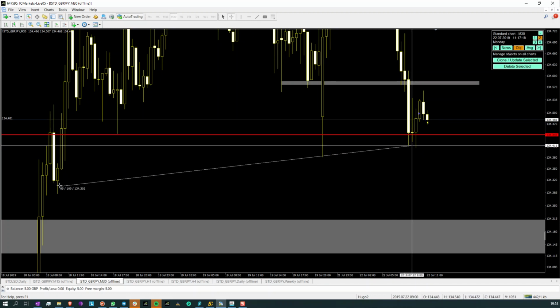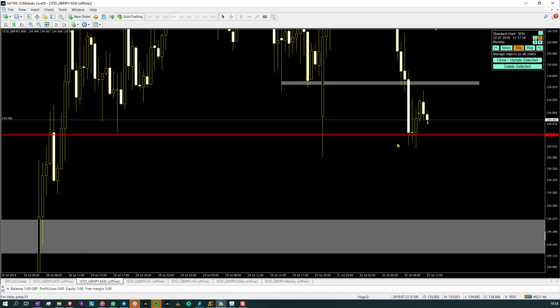Let's see. Yeah, we have like 9, 10 pips to go to this next zone. So still not a good range, but let's see how it goes. I'm going to play.